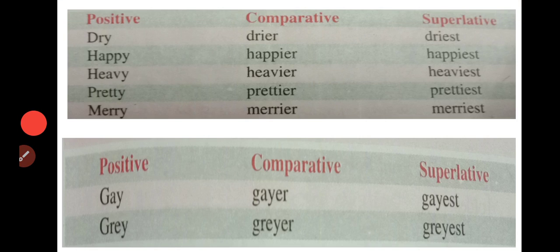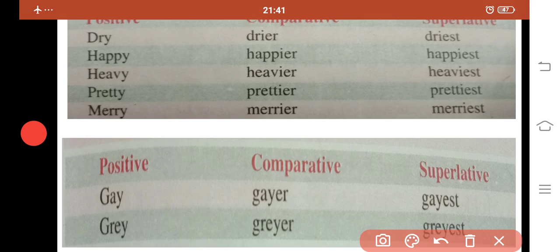Okay, another rule we are going to see. If the positive or the primary word ends in y, here you can see the word ends with y, and this y is preceded by a consonant.